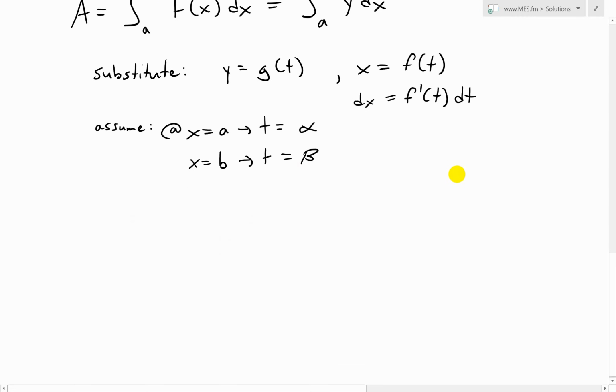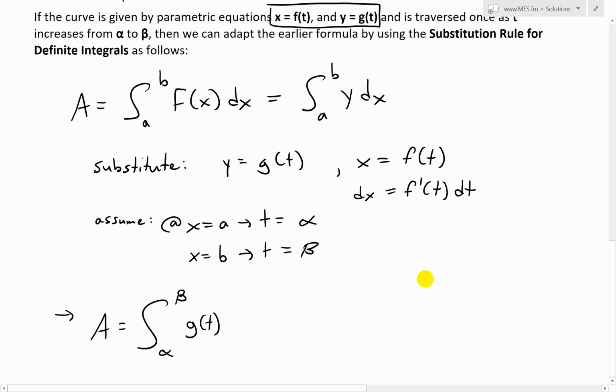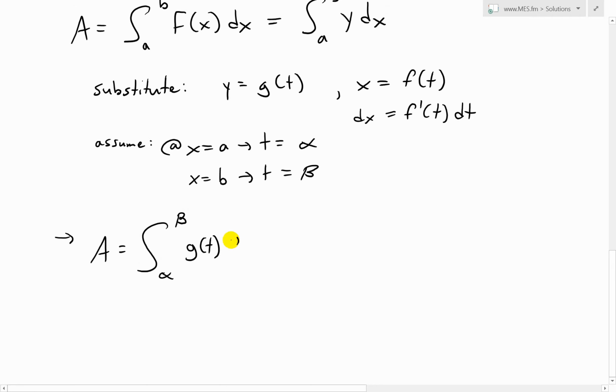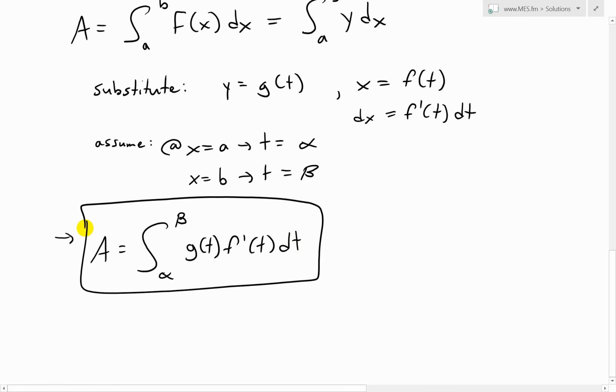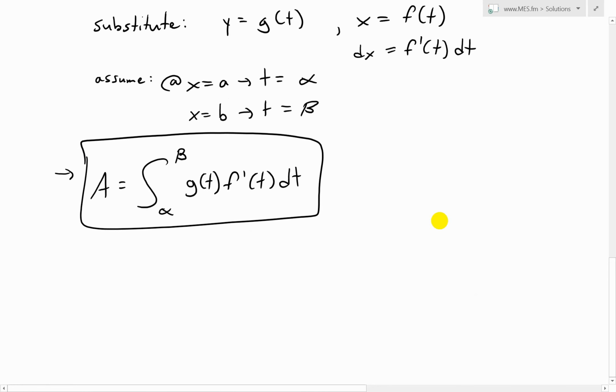So when we replace all of these together, what we end up having is A equal to the integral from alpha to beta of y, which is g of t, and dx, which is f prime of t dt. And there is our formula for the area underneath a parametric curve.